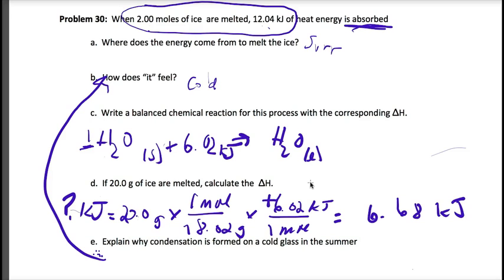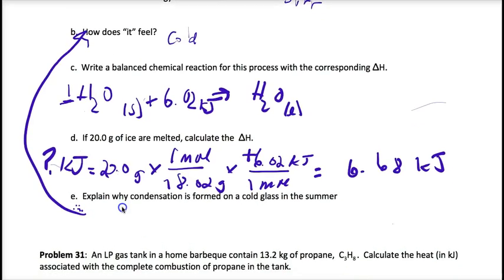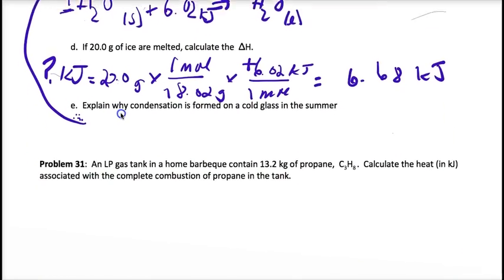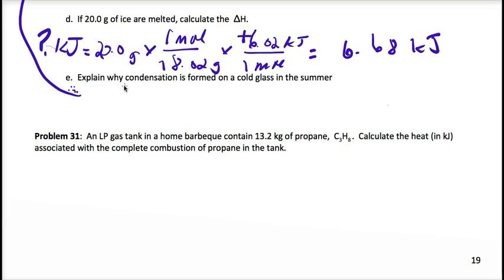Now here's letter E. Now this is kind of an exciting question here, okay? Let's apply this. So explain why condensation is formed on a cold glass in the summer. Well, what's going on? The energy from the surroundings, which is the water and the air, is being used to melt the ice, or perhaps the water is colder than the air.